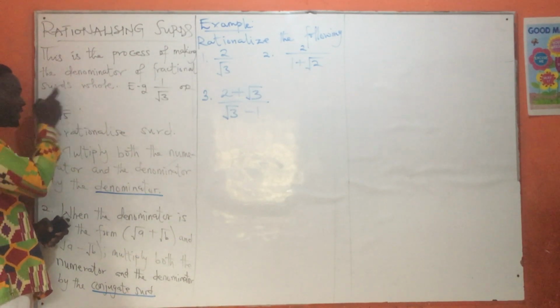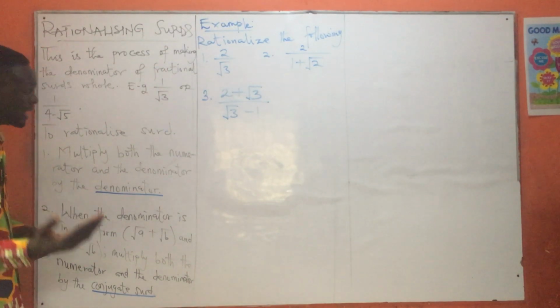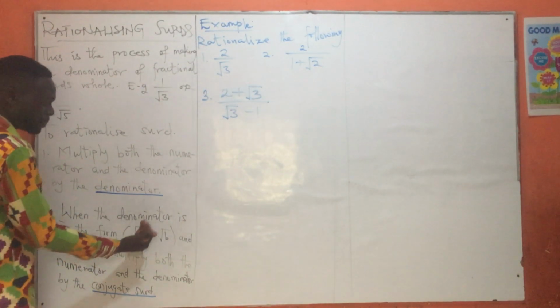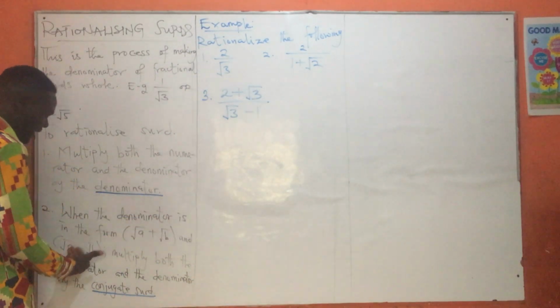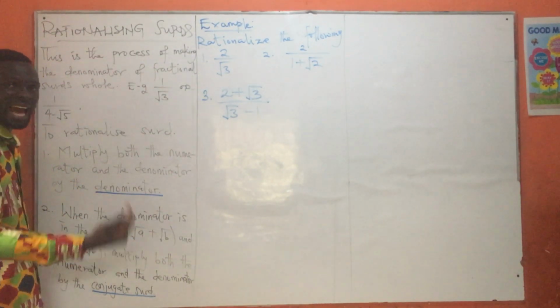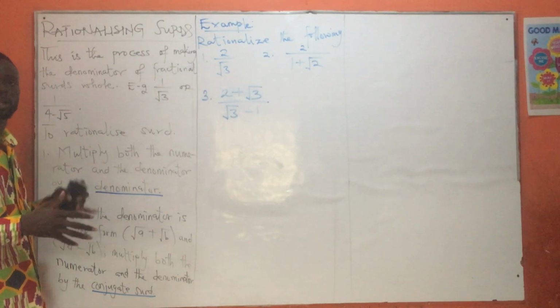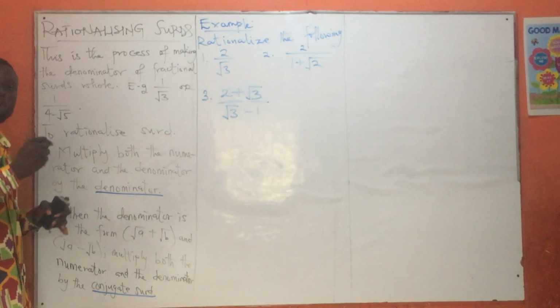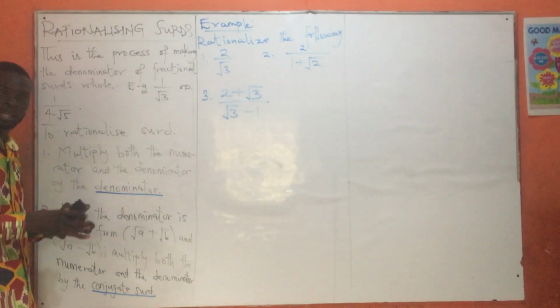So when you have a fractional surd of this nature, whereby the denominator is two terms, that is, you have a plus b, or the surd a plus the surd b, or the surd a minus the surd b as the denominator, then we need to do something to get rid of the denominator having the surd.